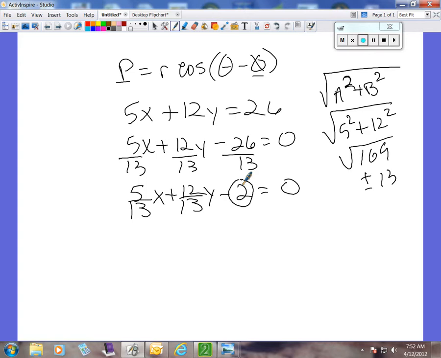So really, what you're going to do here now is take the tangent inverse of 12/13 over 5/13, because this is the same as y over x, sine over cosine. But don't the 13s cancel? So you're taking the tangent inverse of 12/5.